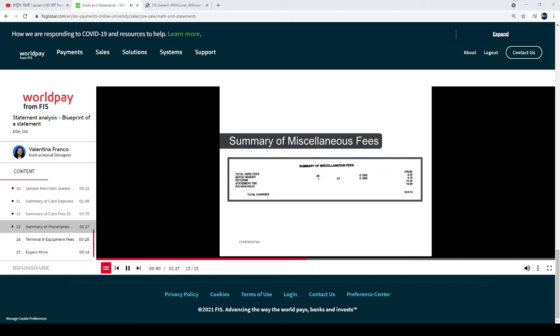Returns. The merchant was charged 15 cents due to an authorization for a return of merchandise. The statement fee is a flat fee charged each month for the creation and mailing of the merchant statement. The statement shows a $10 charge for the statement fee. The next line item shows PCI Non-Valid Fee.